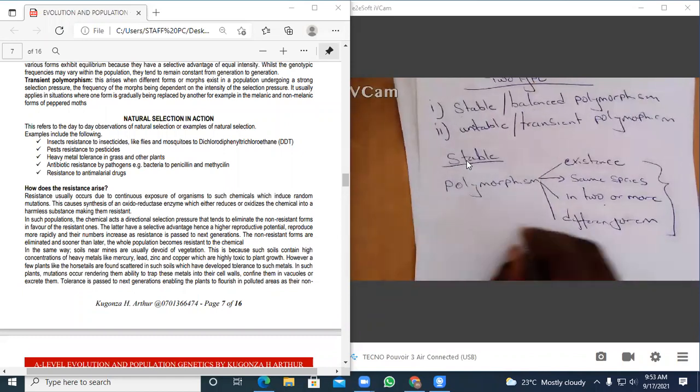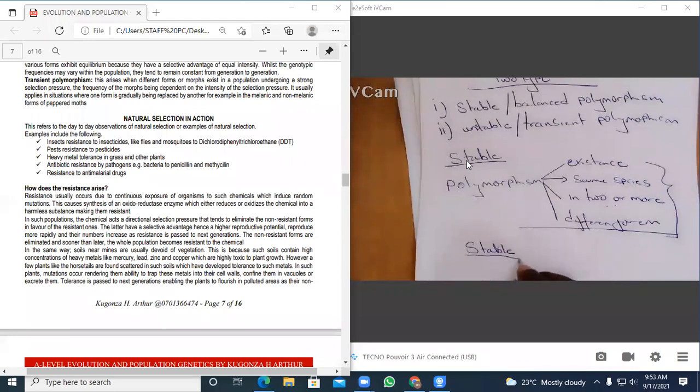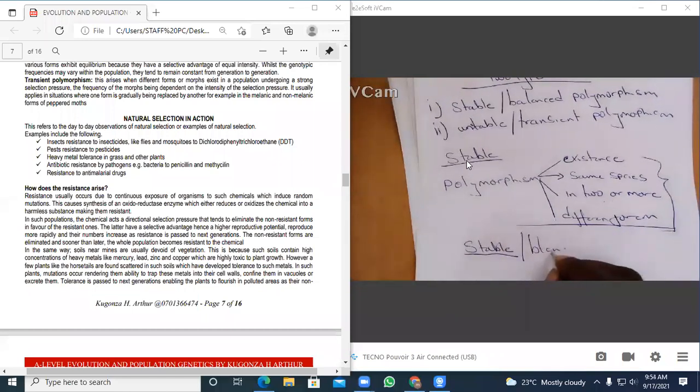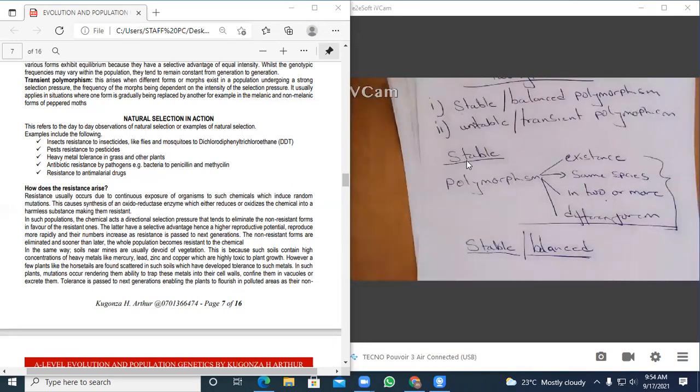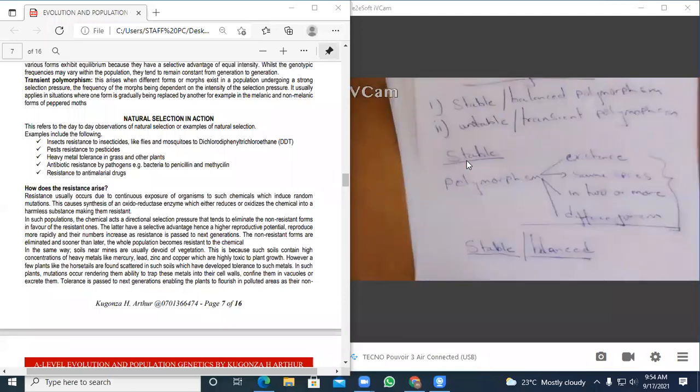Now we look at stable. After understanding polymorphism, we look at examples of stable polymorphism, or what we call balanced. I can first use balanced, because we can call it either stable or balanced. I've given you examples of polymorphism: sex, blood group, sickle cell.